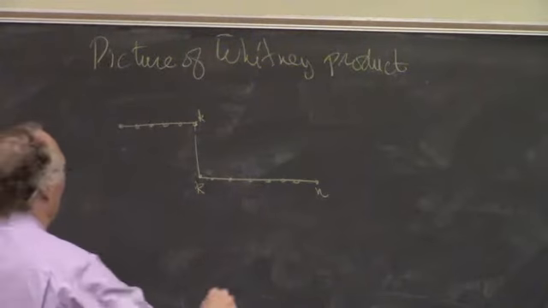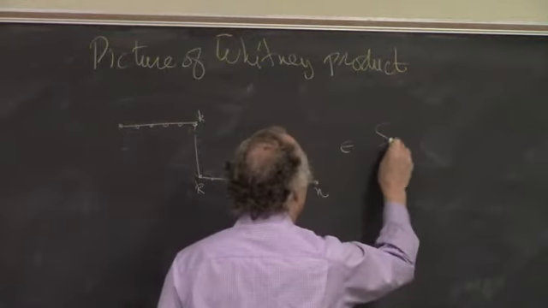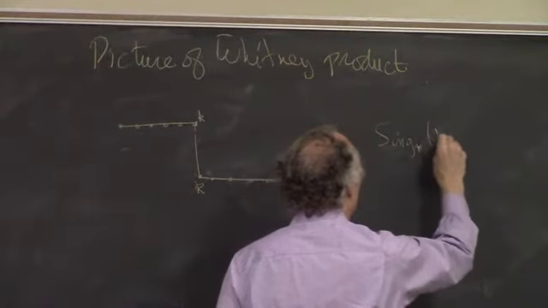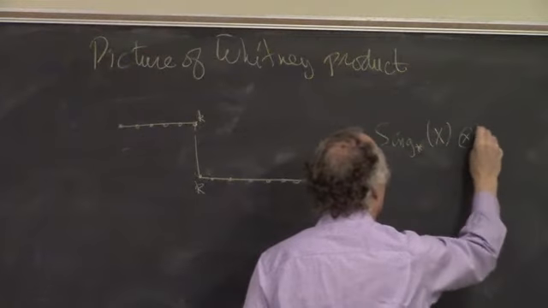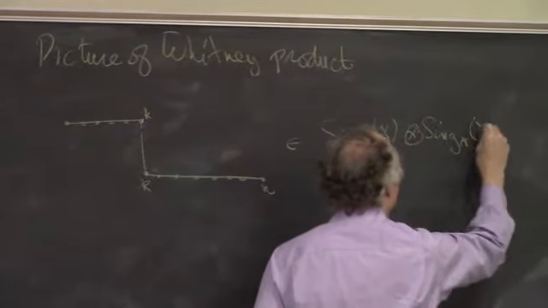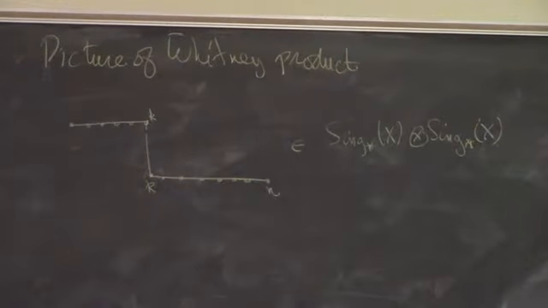So I'm thinking of this picture as giving me an element in the singular chains of the space X tensor the singular chains of X. It's a product of these two chain complexes.